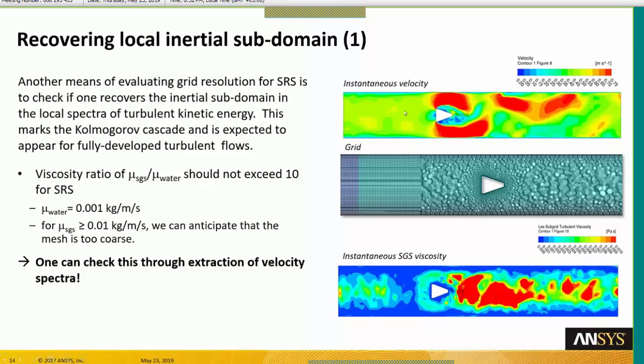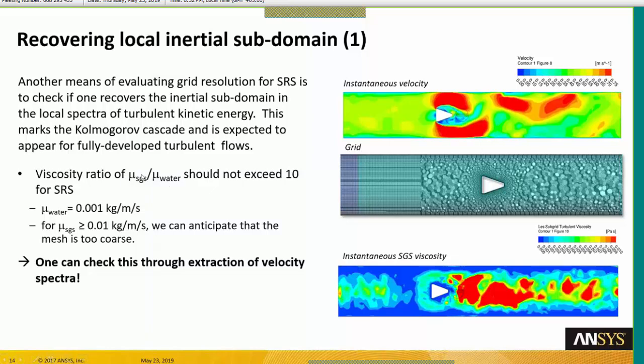So for example, in this situation, you have the grid, which is represented here. It's a hybrid grid. You have some polyhedral mesh, some refinement near the obstacle, but no refinement behind the obstacle afterwards. Downstream of the obstacle, you don't have any particular refinement. It could be a problem. Let's check that. One first indicator is to display the viscosity ratio, which is mu SGS over mu fluid, which is water here.